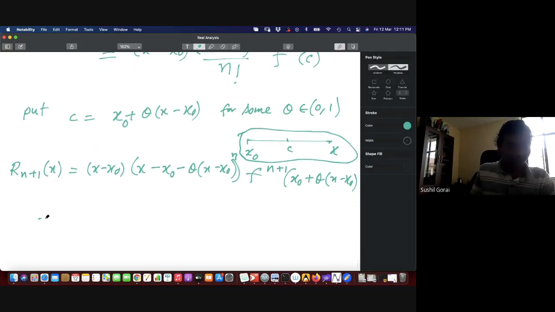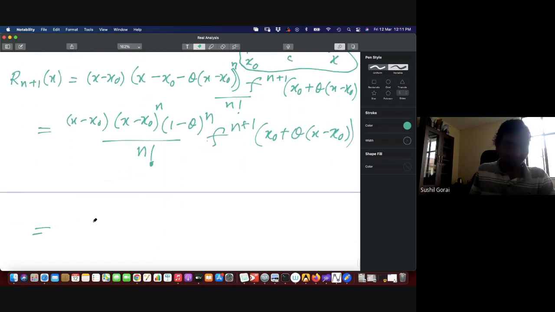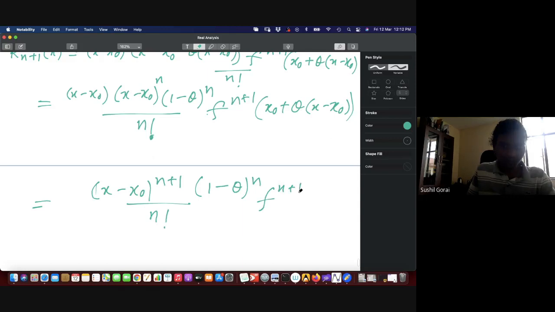And here x minus x naught gets common, so there will be factorial n outside, to the power n, 1 minus theta power n by factorial n, f n plus 1 of x naught plus theta x minus x naught, which is x minus x naught power n plus 1, 1 minus theta power n by factorial n, f n plus 1 of x naught plus theta times x minus x naught.